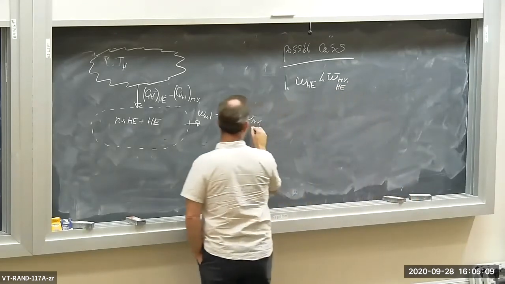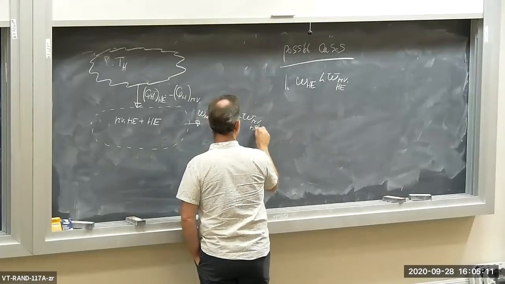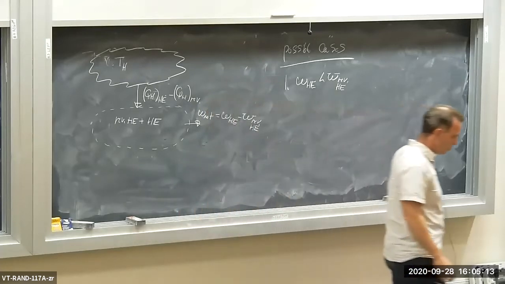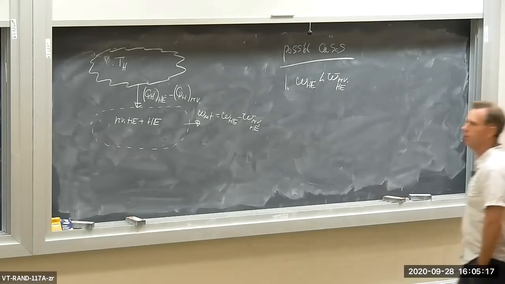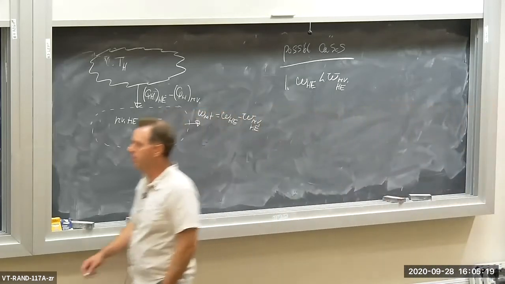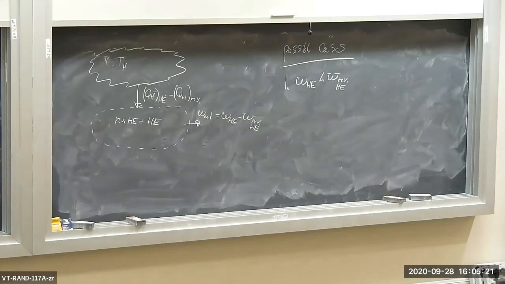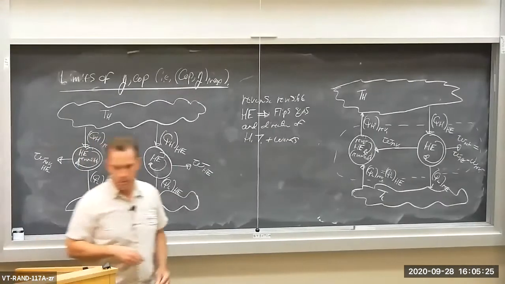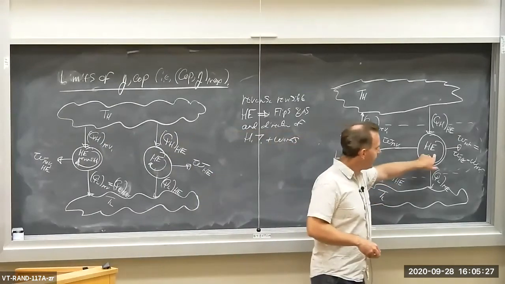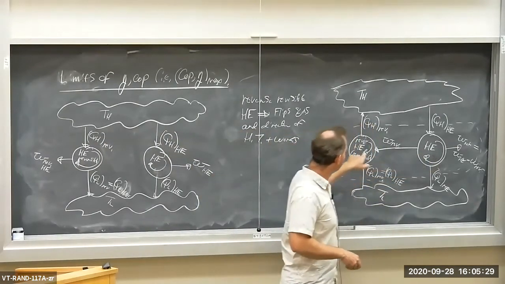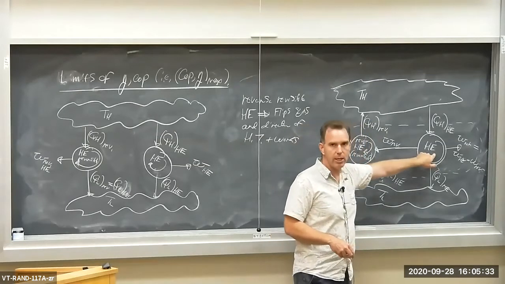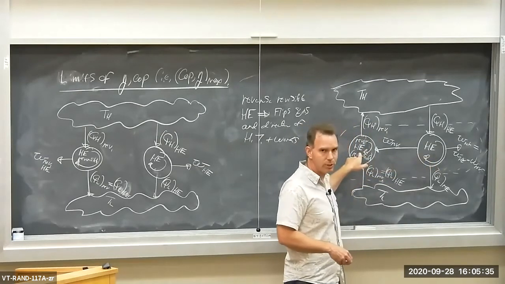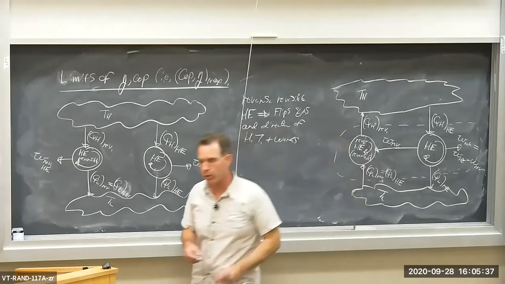I guess I'll write reversible heat engine here, okay? In other words, the heat engine produces less work than the reversible heat engine, so the efficiency of the heat engine is less than the efficiency of the reversible heat engine.